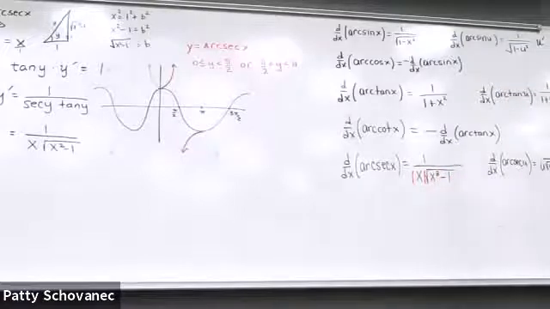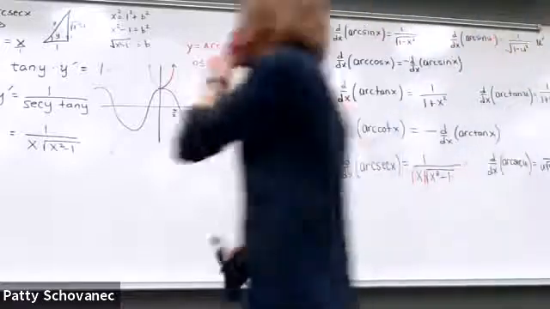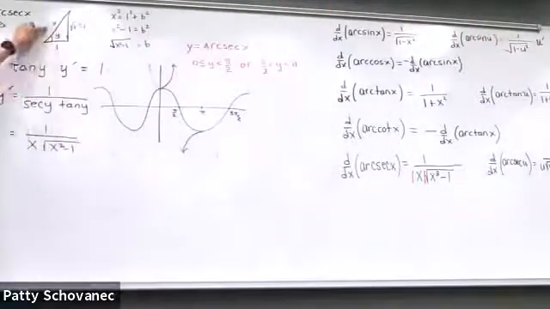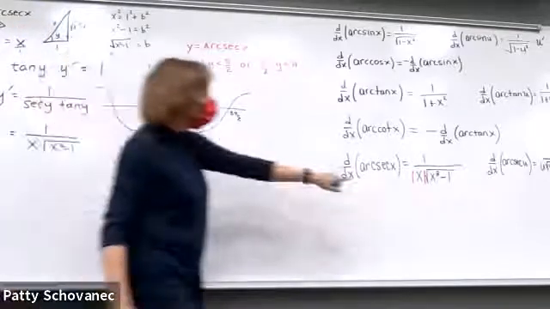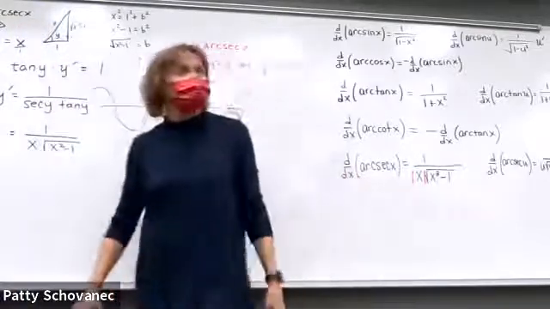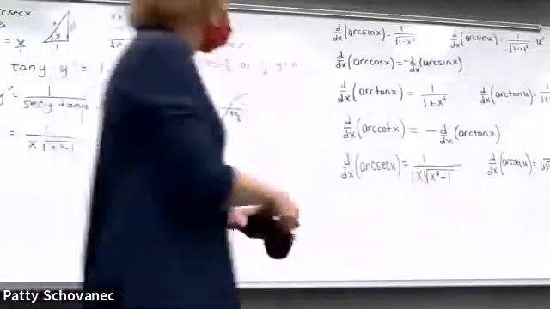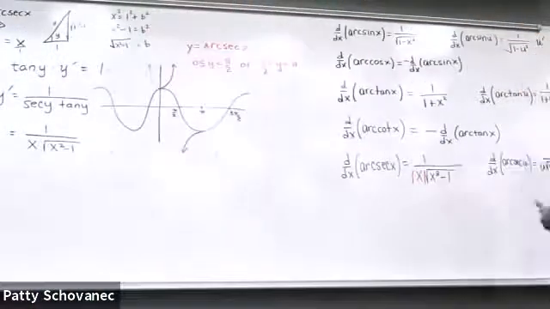Maybe so that I can draw the triangle. Yeah, that's why: because x is the length of the hypotenuse, and the hypotenuse has to be positive. And so the formula has this absolute value. So that's defined in the same way as the other ones. And then we're not going to worry about the derivative of the arc cosecant because it's the same as the derivative of the arc secant, but negative.